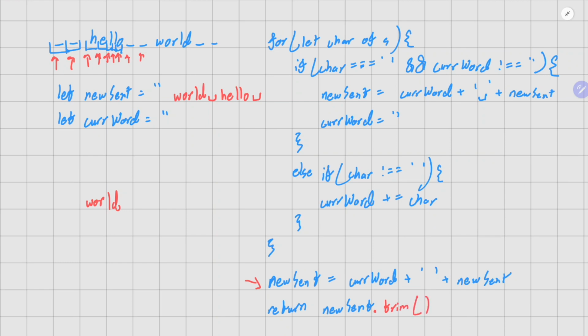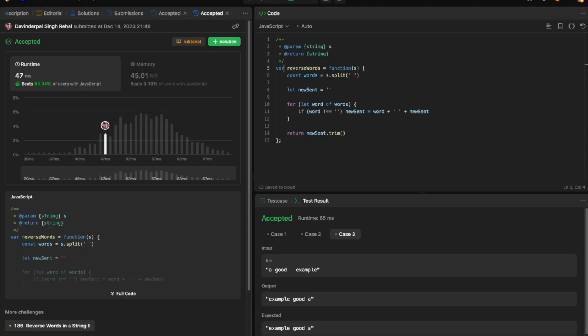I think we have our algorithm written. Let's try to code this up. Let's go to LeetCode. So I definitely want to keep the new sent variable, and I definitely want to return the new sent variable. Let's introduce a new variable called current word and put it equal to an empty string.